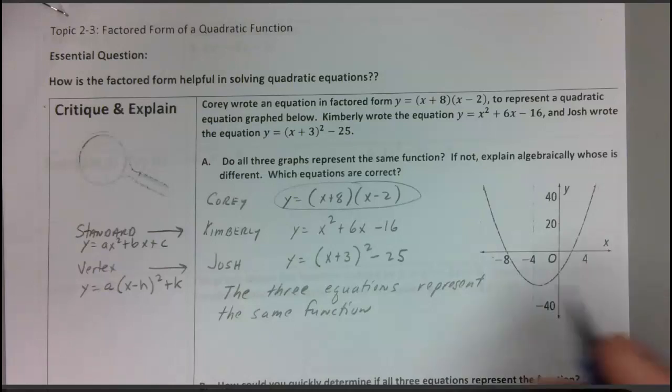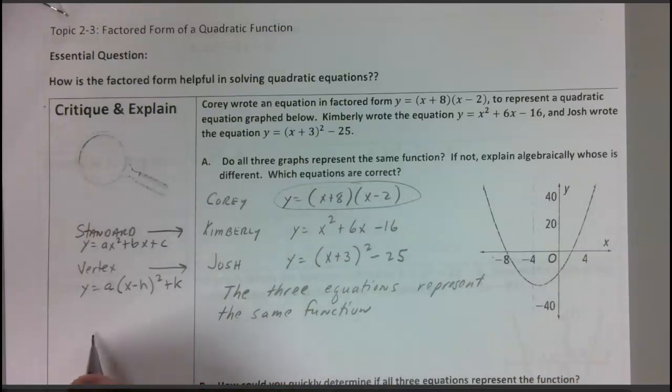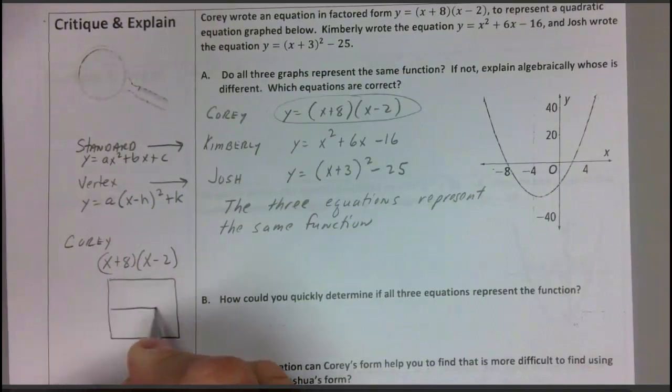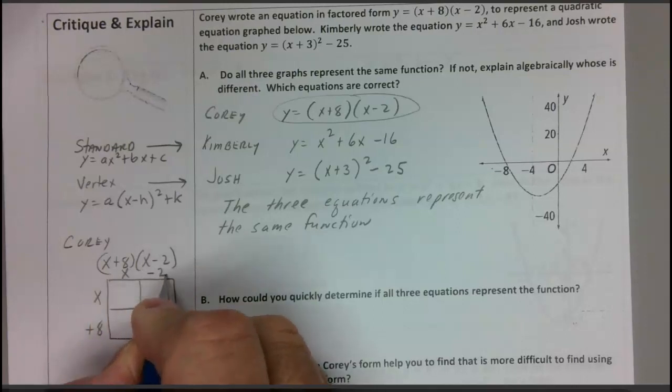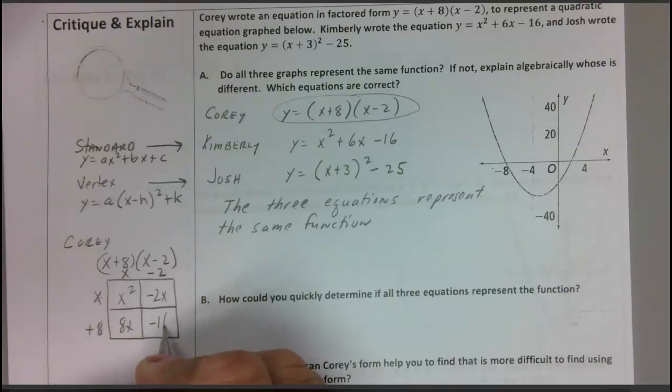For example, if I take Corey's, which is this one right here, and multiply it, distribute it, and I think I showed the box method to everybody, and I'll show it again: x plus 8 times x minus 2. x times x is x squared, x times negative 2 is negative 2x, 8 times x is 8x, and 8 times negative 2 is negative 16.